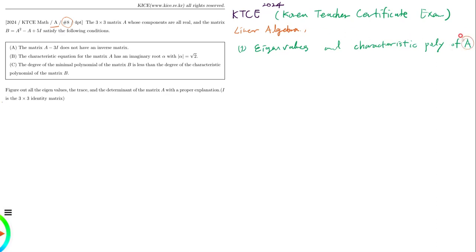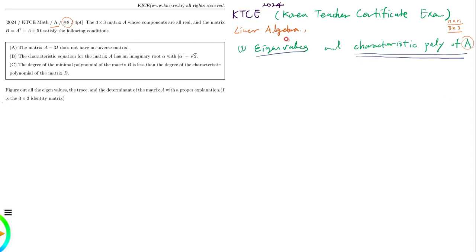Here the matrix A is a real 3 by 3 matrix, but in general we can think of an n by n matrix, or over a complex field if you want. This is a crucial point of linear algebra because all the information about its eigenvalues and following its eigenvectors is contained in this polynomial, which is called the characteristic polynomial.